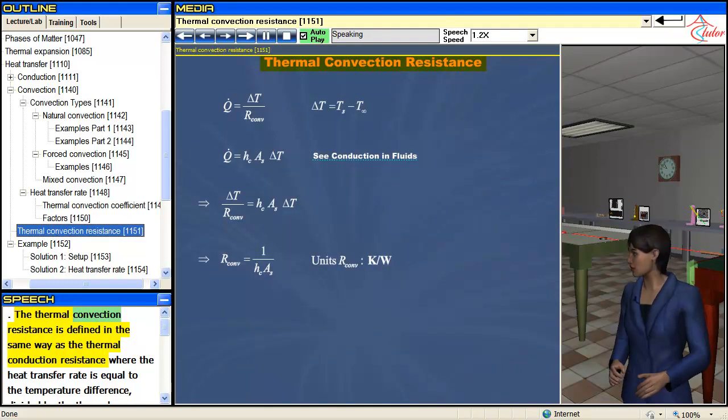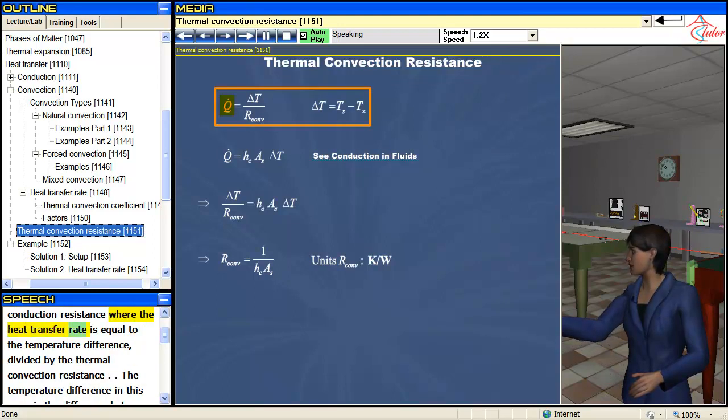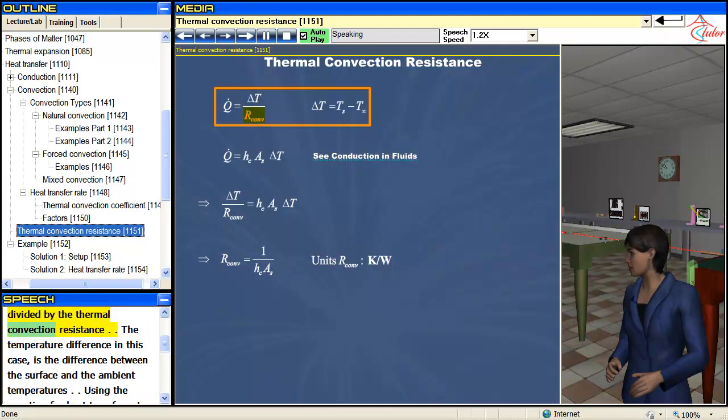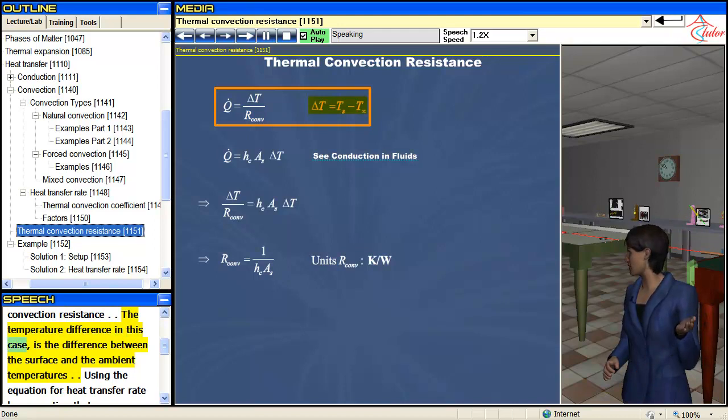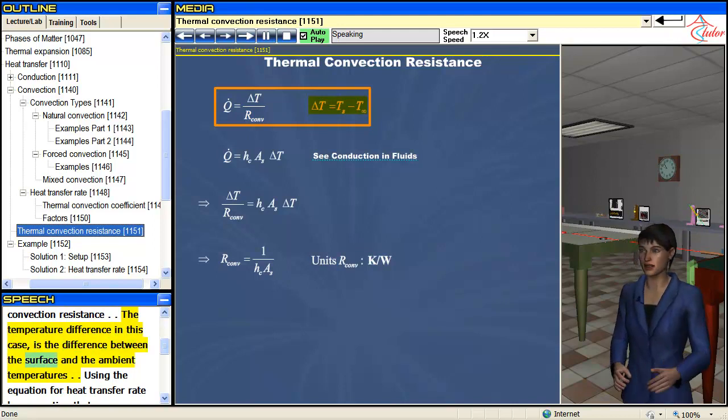The thermal convection resistance is defined in the same way as the thermal conduction resistance, where the heat transfer rate is equal to the temperature difference divided by the thermal convection resistance. The temperature difference in this case is the difference between the surface and the ambient temperatures.